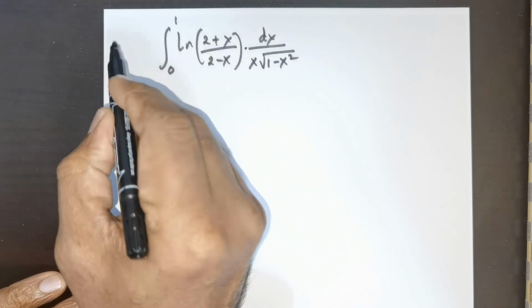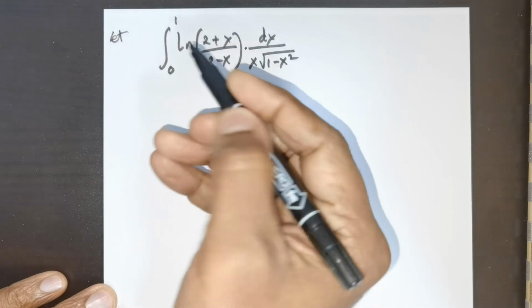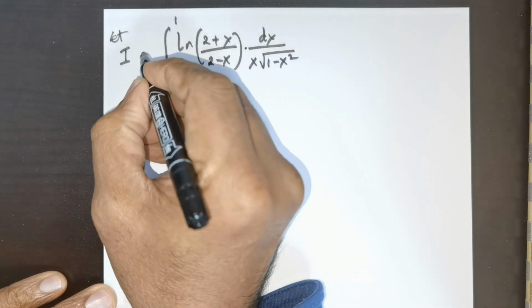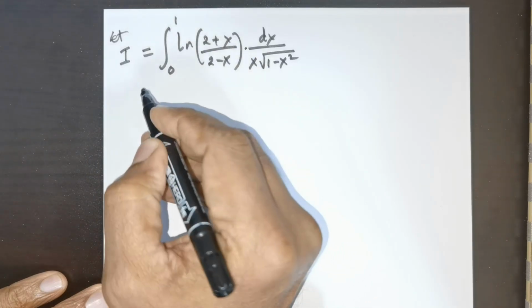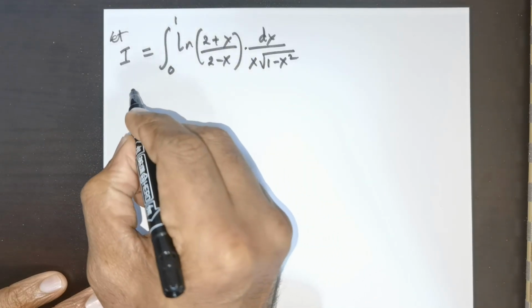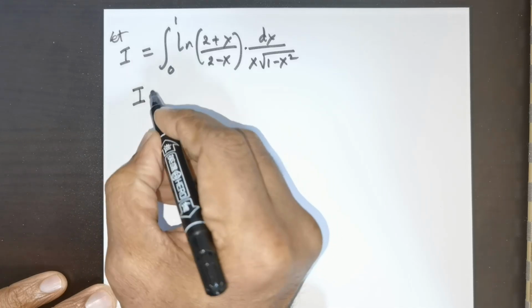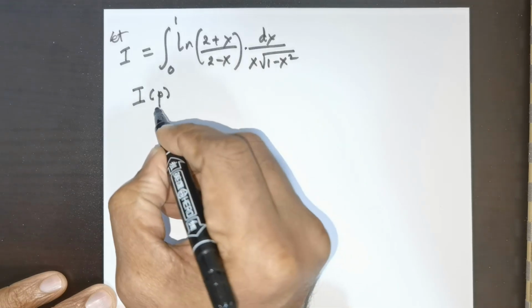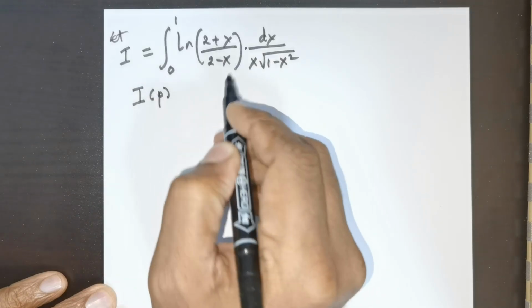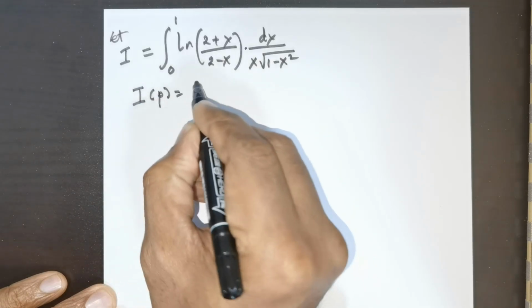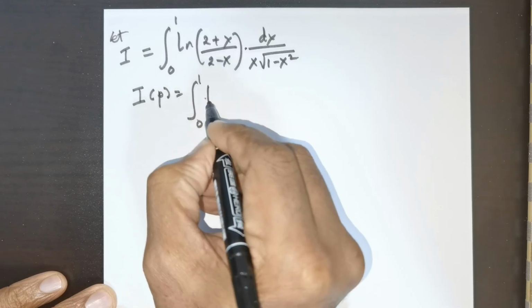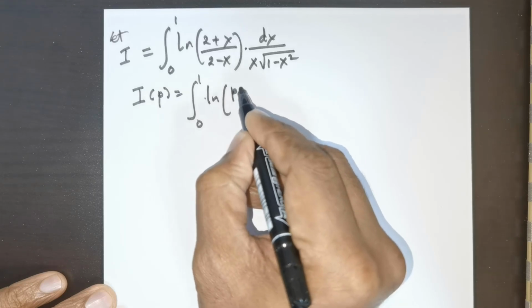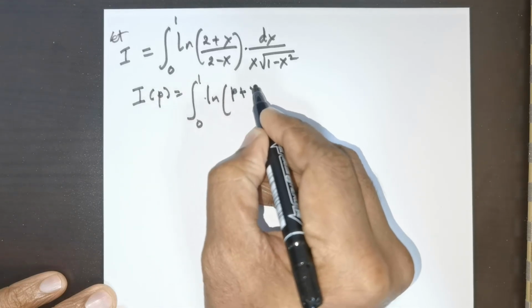So first, let I be equal to this. Since I am applying the Leibniz technique, I would be utilizing a new variable and rewriting this function as I of p equal to the integral from 0 to 1 of ln, in place of 2 I'm going to say p, since p is the new variable.